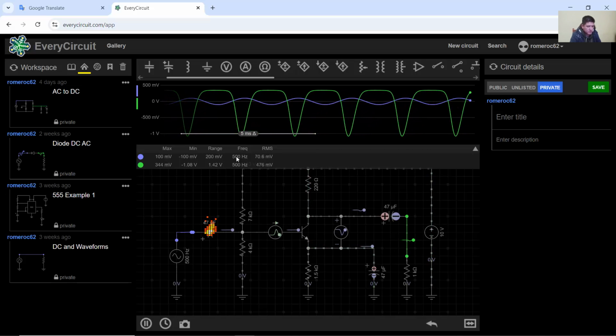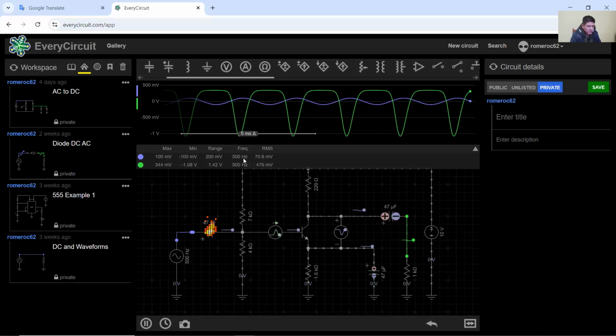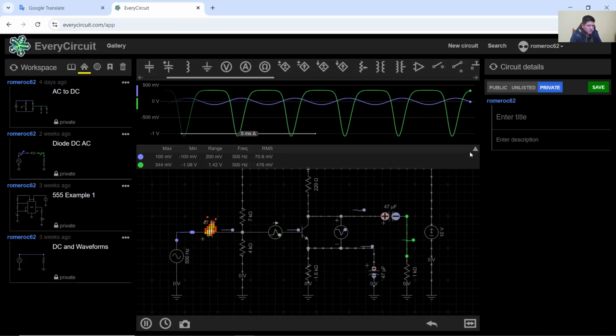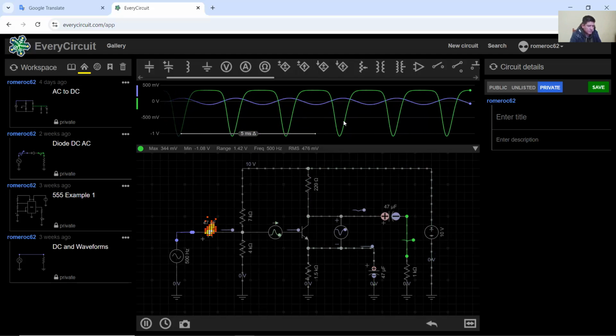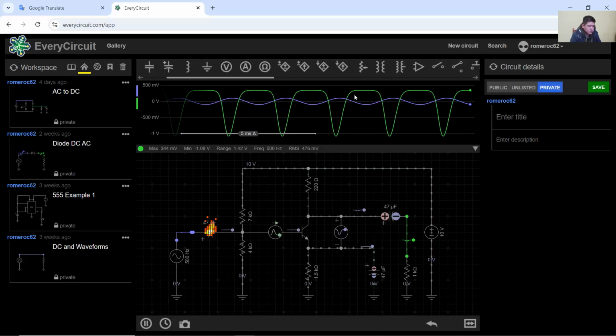The frequency is the same, 500 hertz. But this is not a good amplification, my friends. I want to know why.